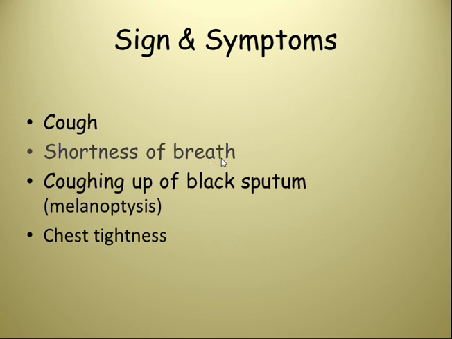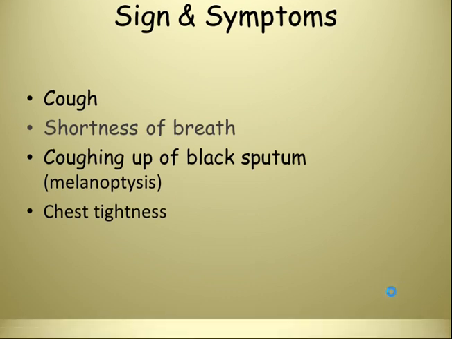As the problem increases, the shortness of breath will also go on increasing. And the final thing here is the chest tightness. Difficulty in breathing would lead to the tightness of the chest. So these are the signs and symptoms.